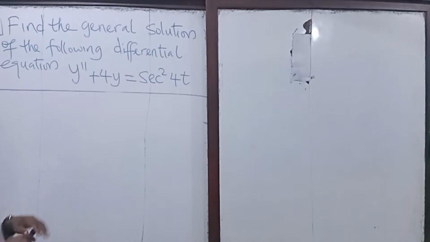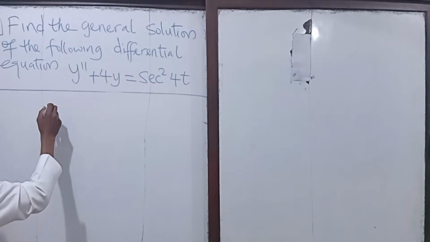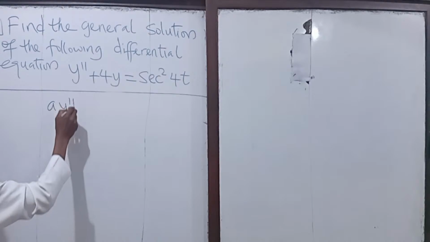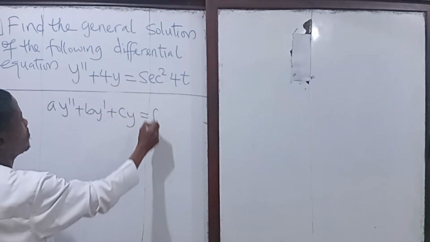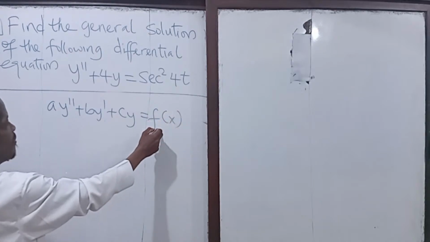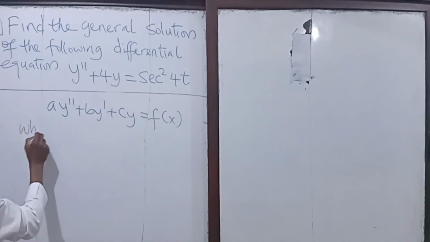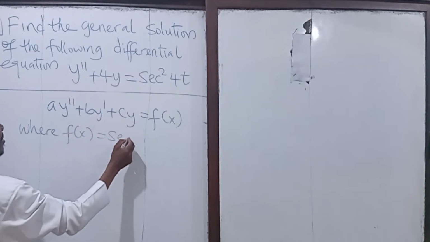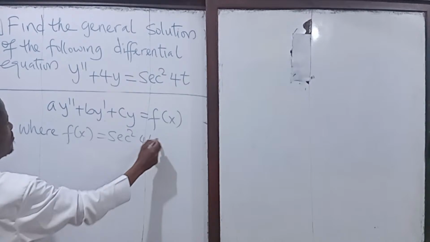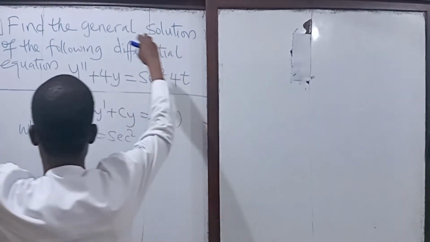So this differential equation is of this form, where f of x is sec squared 4θ.